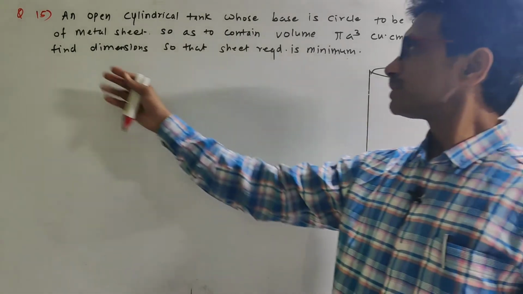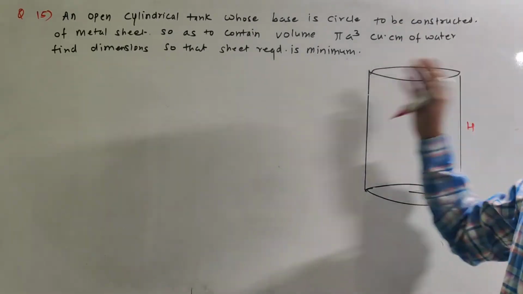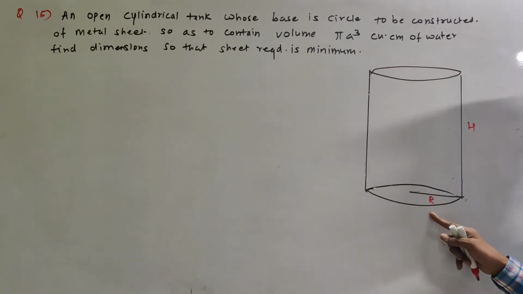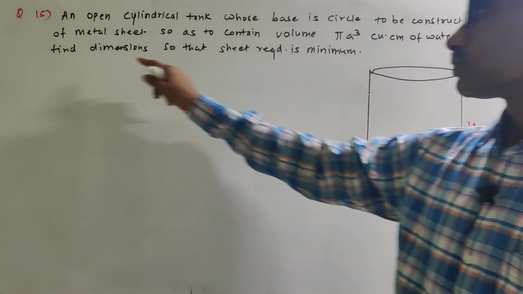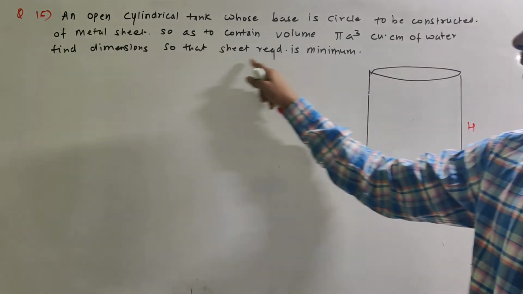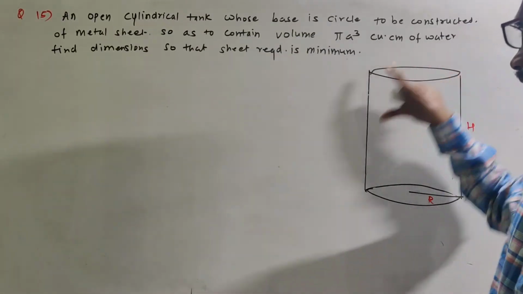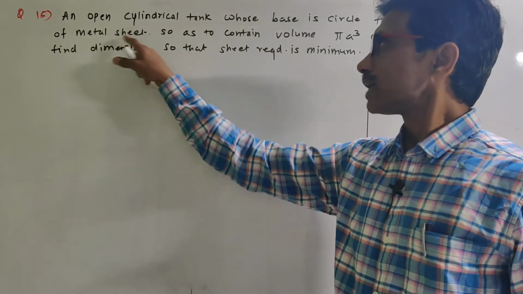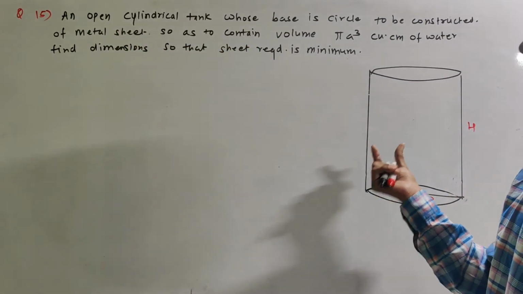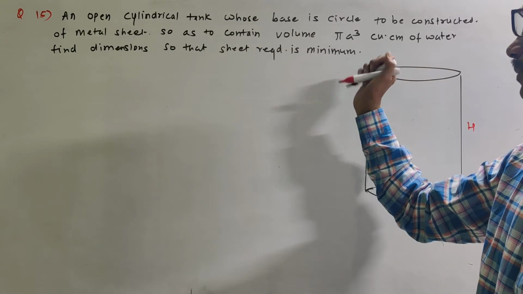Now we find the dimensions of this tank, that is, the radius of this base and the height of the tank, so that the material required to construct this tank, that is, the metal sheet, should be minimum.